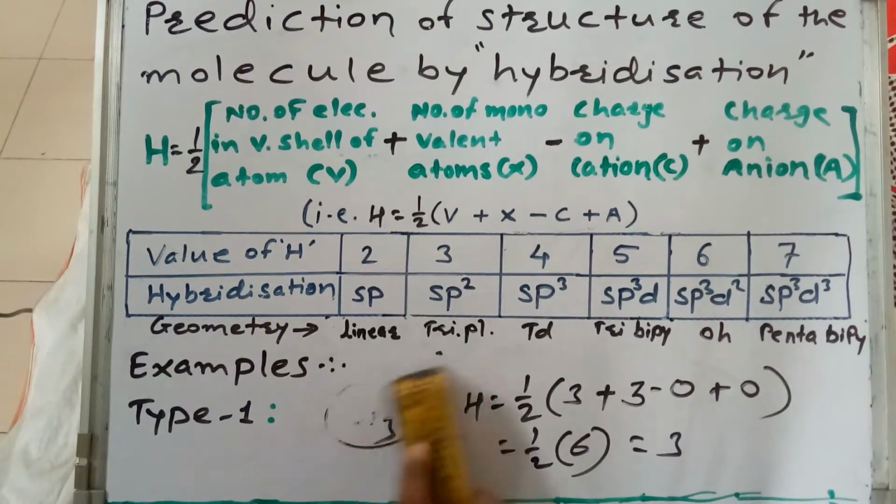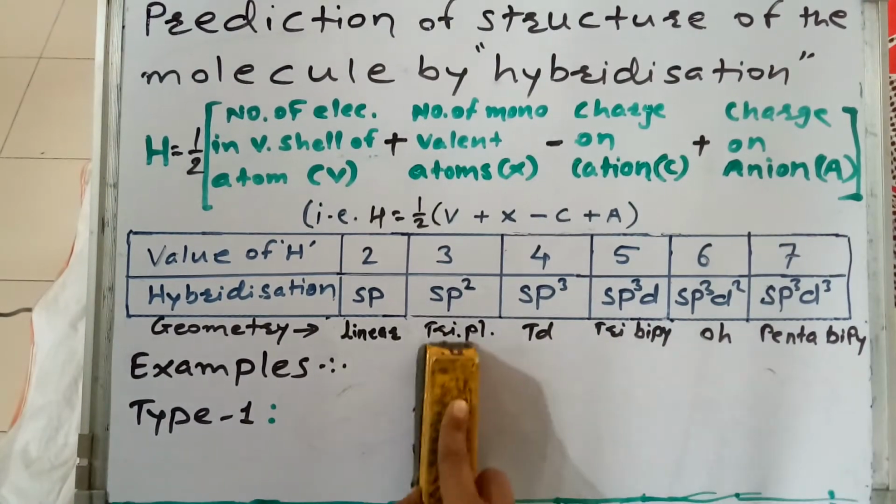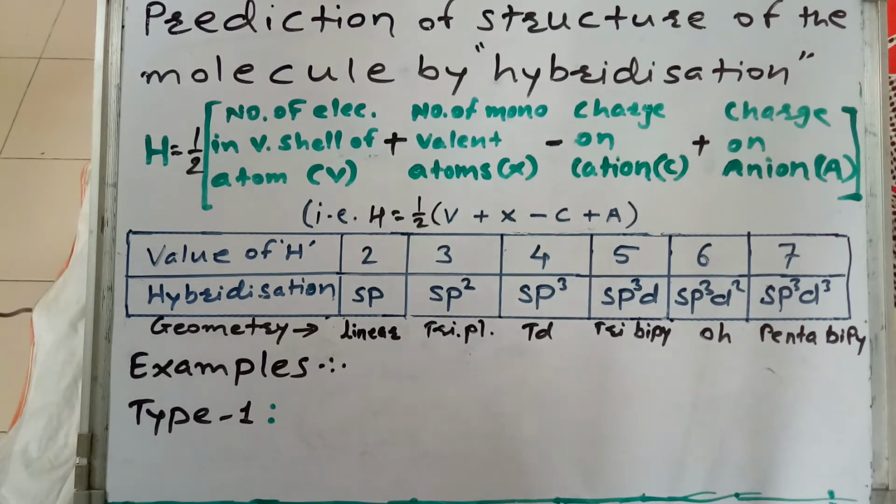Another example of the same type, we'll see CCl4. We have to find out the hybridization.